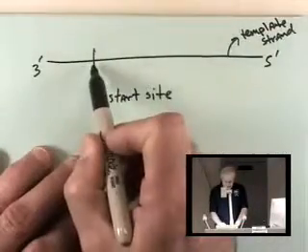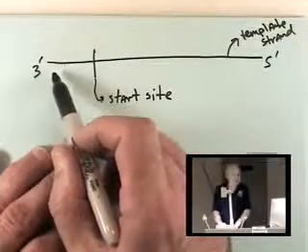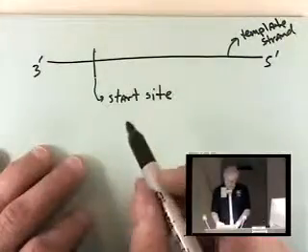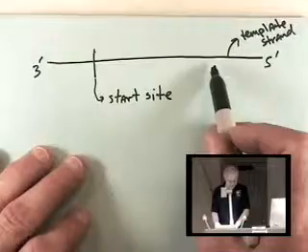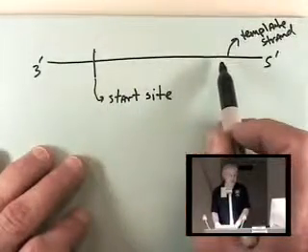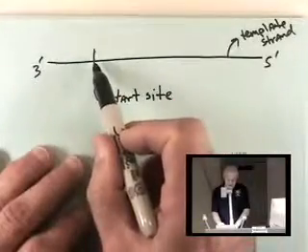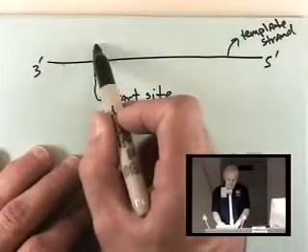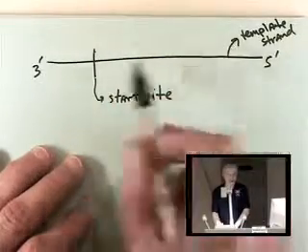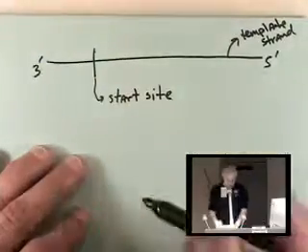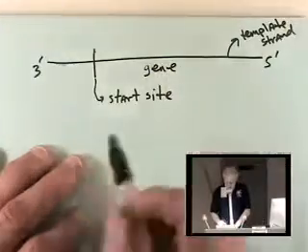And to the left of that, to the 3' end, is called upstream, going upstream of the gene itself. The coding portion is here. And then to the right is downstream of the start point. Quickly, the nucleotides are actually given numbers. So start site is the 0, and then it goes like a number line, positive to the right and negative to the left. So it gets more detailed, as you might expect, but don't get too concerned about all that.